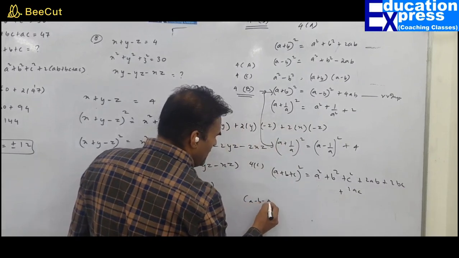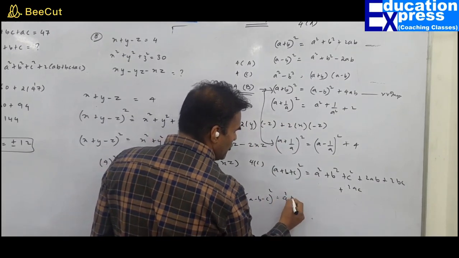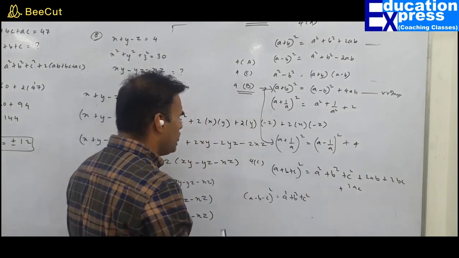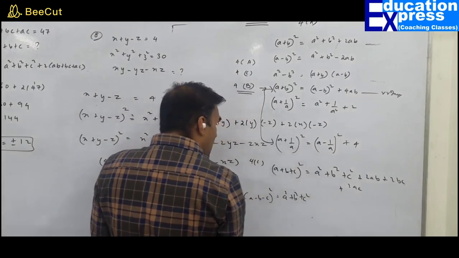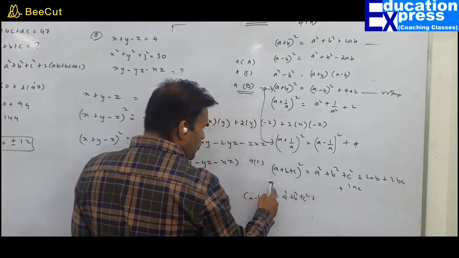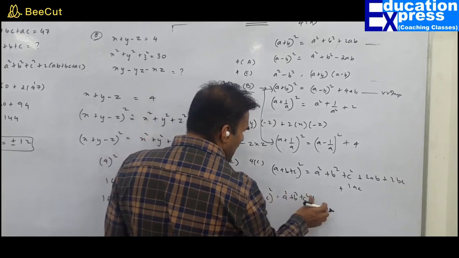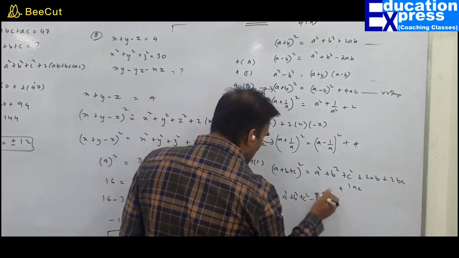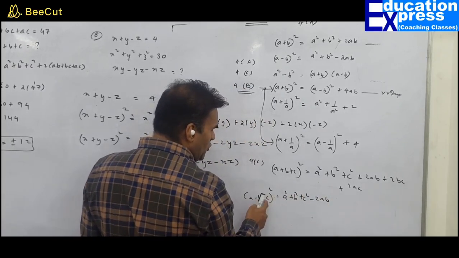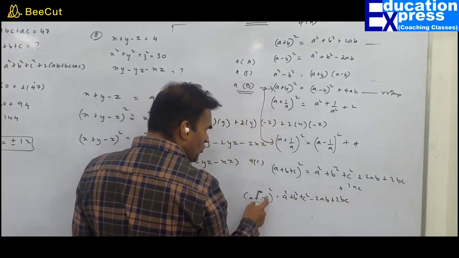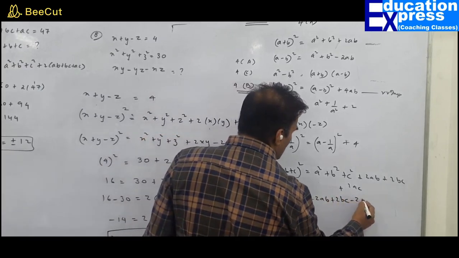Same way, a minus b minus c the whole square is a square, b square, c square, always square, it does not matter what sign is given to you in the center. After that, plus 2 into a into minus b, that will give you minus 2ab. 2 into minus b into minus c gives you plus 2bc. 2 into a into minus c gives you minus 2ac.